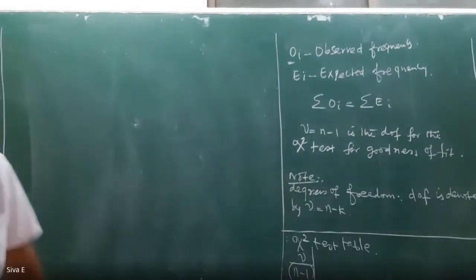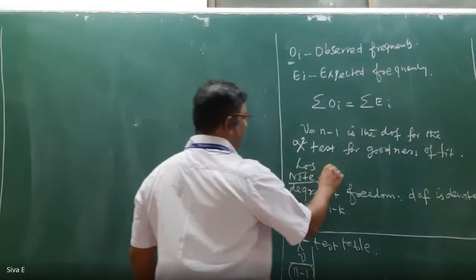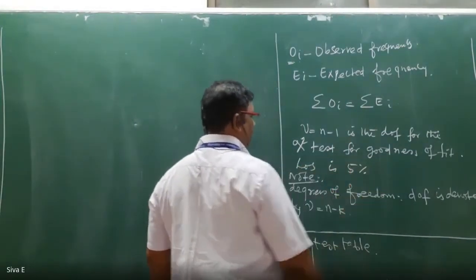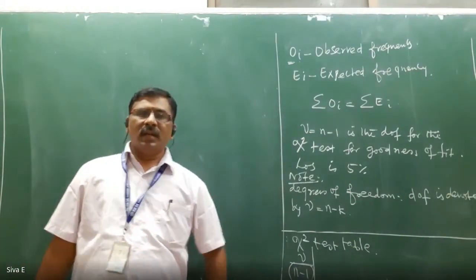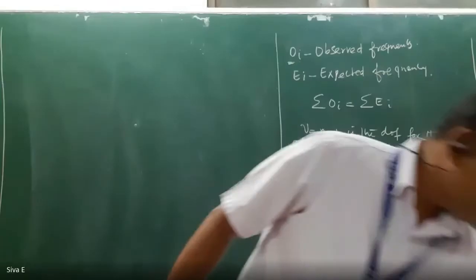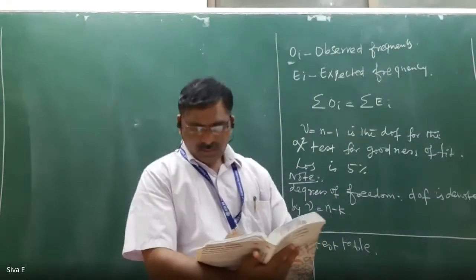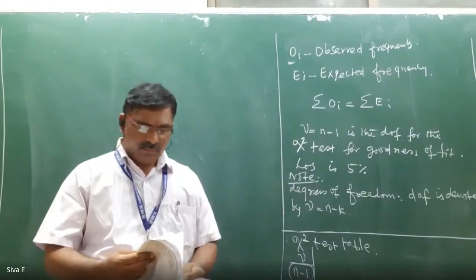Level of significance is 5%. In all the problems we will use a level of significance of 5%. See the chi-square table.